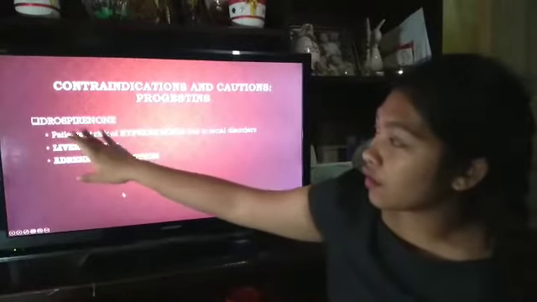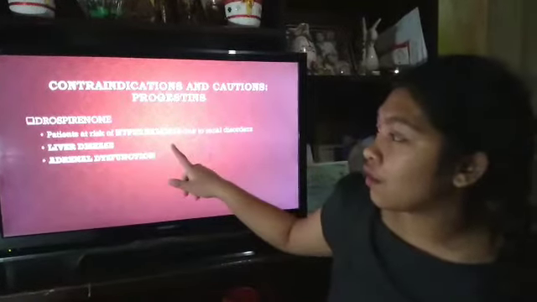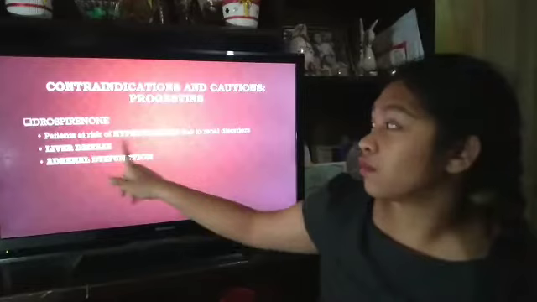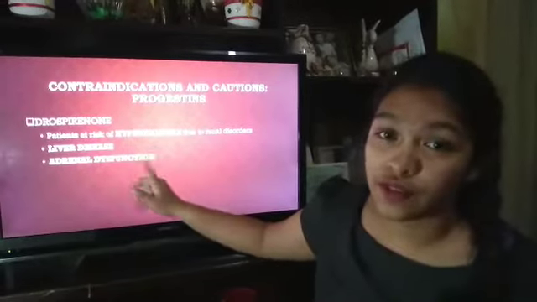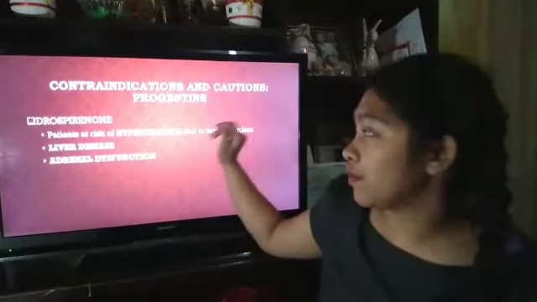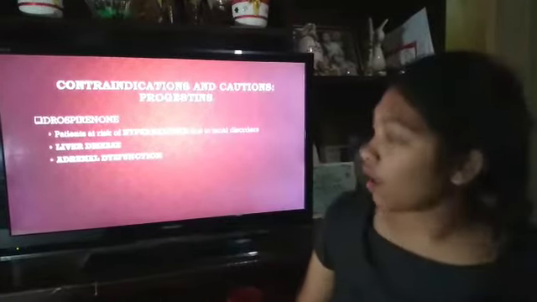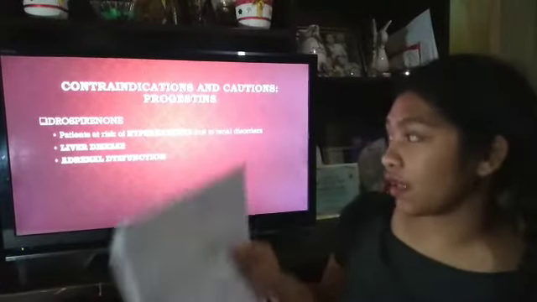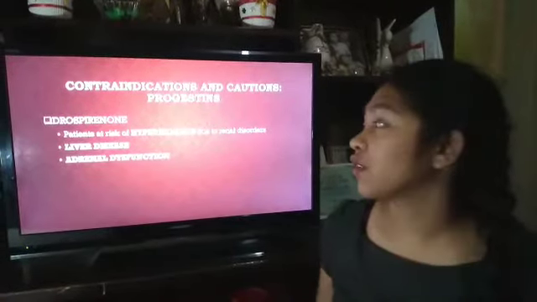Also, drospirenone is contraindicated or used with caution because patients are at risk of hyperkalemia, and liver disease and adrenal dysfunction.